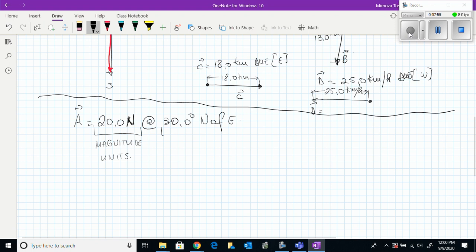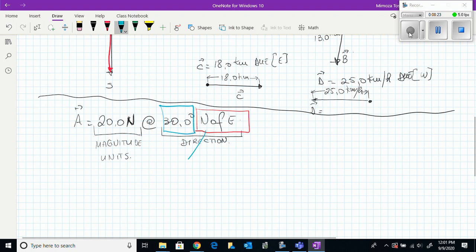The second part, whatever comes after that, tells us the direction of this vector. As we mentioned yesterday, there are two parts to this: the north of east part, and the angle.